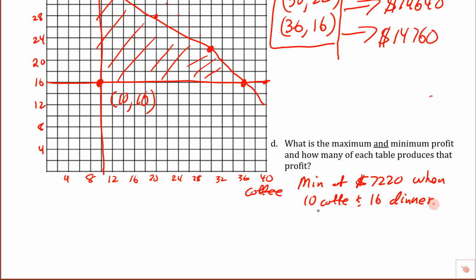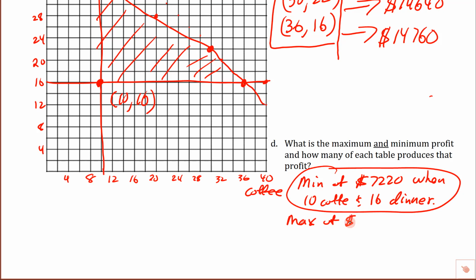Okay, so I'm going to go ahead and circle that one right there. And then max of $14,760 when they make 36 coffee tables and 16 dinner tables.